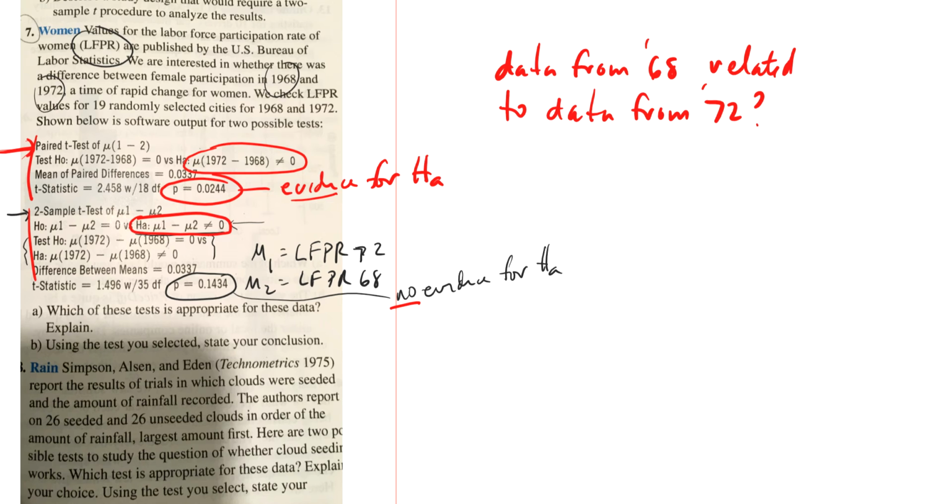If you use the same groups of people, they're going to be paired and you can match them together. But we randomly selected cities for 68 and 72, and we just looked at the percentages of those cities. Are those two independent samples of each other? In other words, is one going to be related to the other?